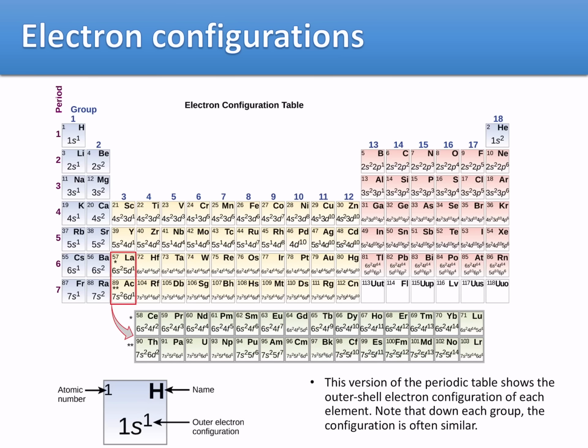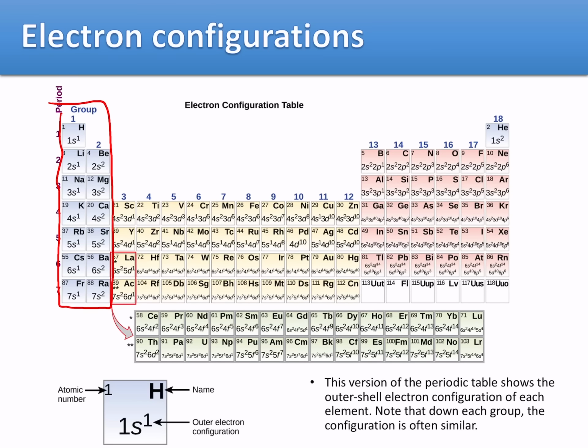Now, this is a periodic table in which you have every sort of electron configuration, and you don't have to memorize all of that. You can even have it by your side. But what I want you to notice is that this periodic table tells you where the last electron is being added.